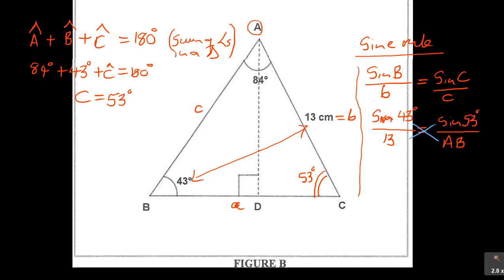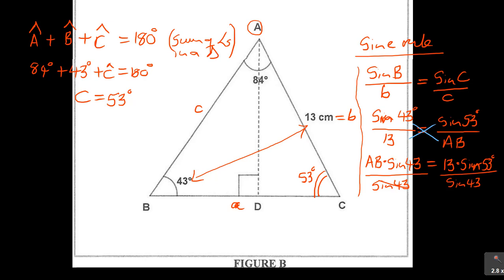So AB times sin 43 is equal to 13 times sin 53. Then after that you divide by sin 43 on both sides.